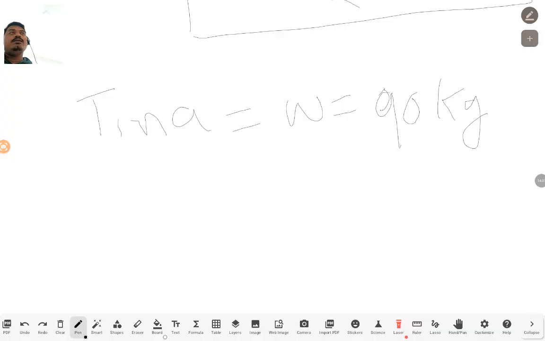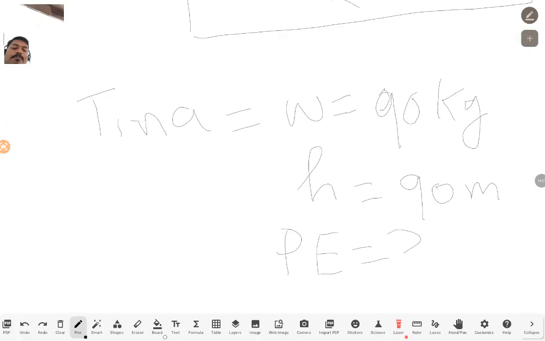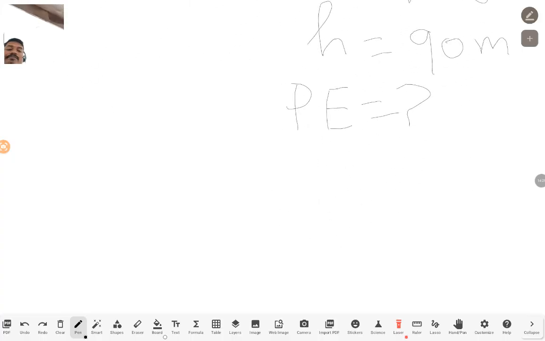Okay, she is at a height of 90 meter. Okay, now we have to find her potential energy. How to find? We know that W equal to mgh. It is the formula of potential energy.